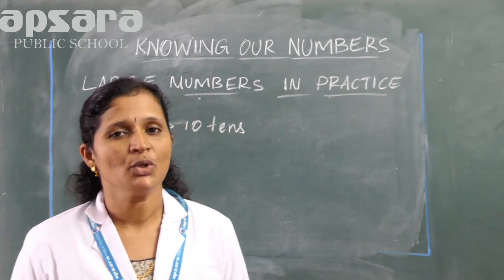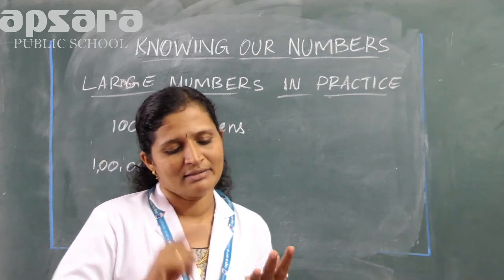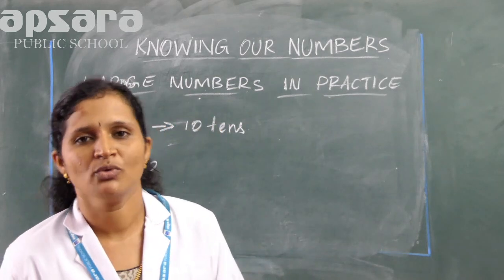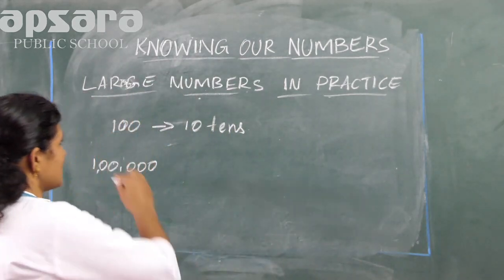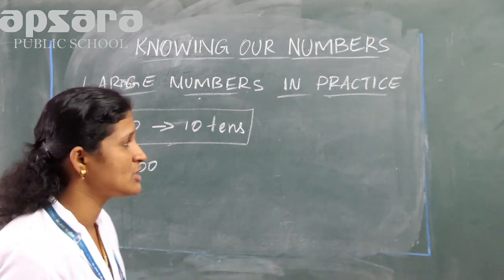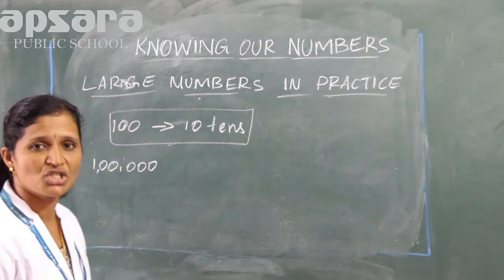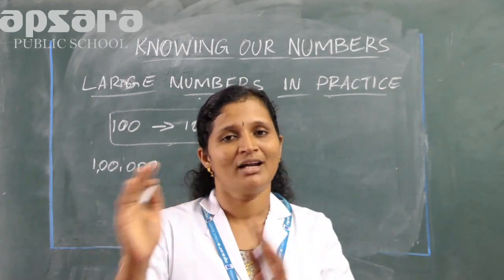So easily you cannot answer, right? I know that you can find out the answer by adding 10, 10, 10 or by multiplying. You will find out the answer. But how you answer easily for how many tens are there in 100 is not possible for this question. So I will explain an easy method to split the numbers.